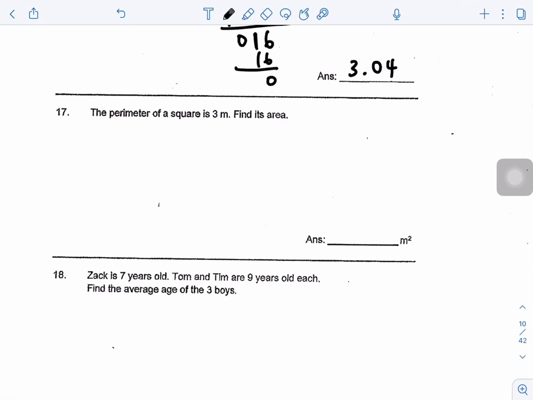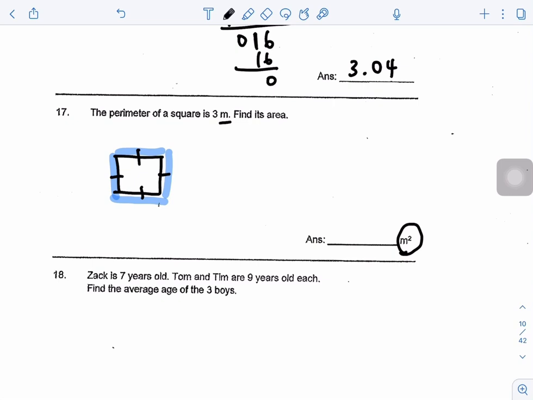The perimeter of a square is 3 meters. Find its area. This is the square. And this plus this plus this plus this is 3 meters. Each square has got 4 equal sides, right? So, let's double check, they want meter square at the end. So we gotta keep the meter, okay?